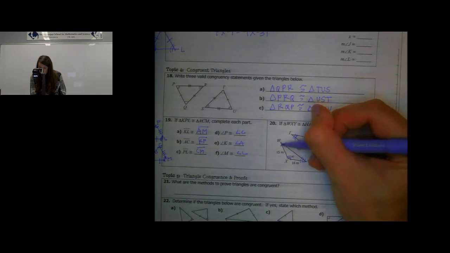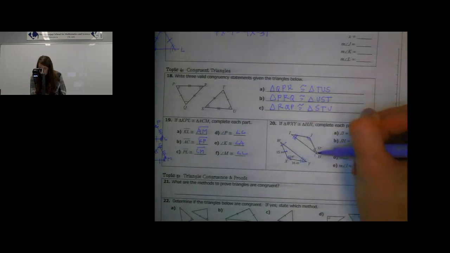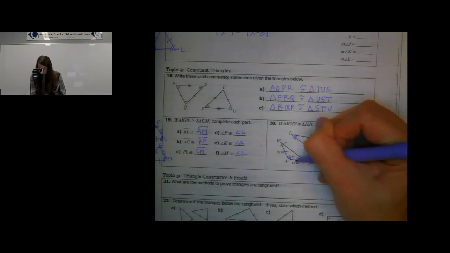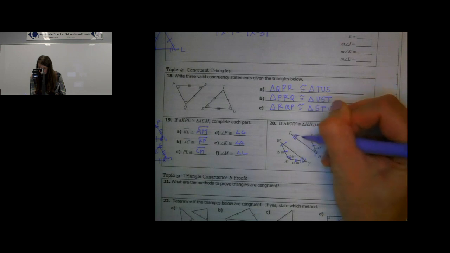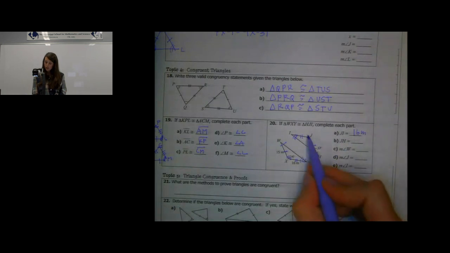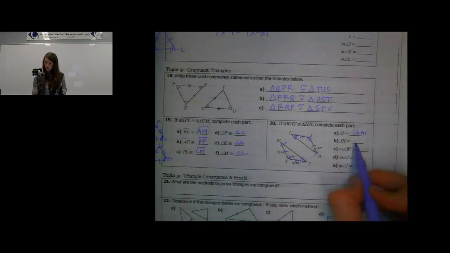All right, so WX is the same thing as JH over here. Okay, XY is going to be the same thing as JI. So this is going to be 16 meters. So JH here is going to be the same as 15 meters.